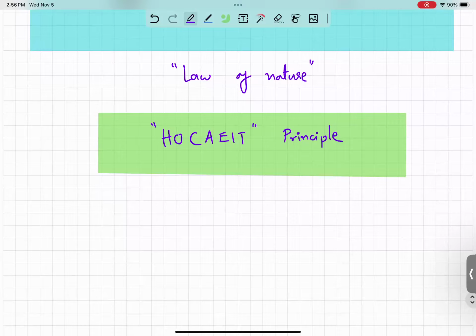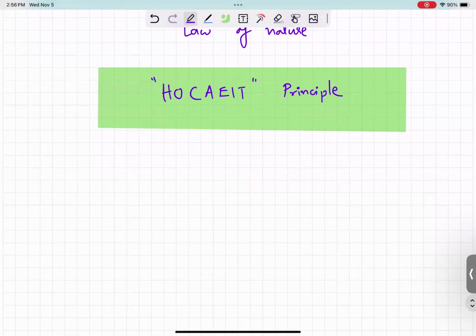Any guesses for what the acronym stands for? Have our cake and eat it too.